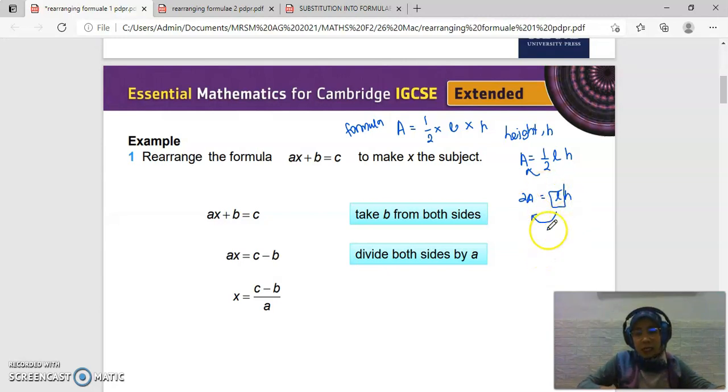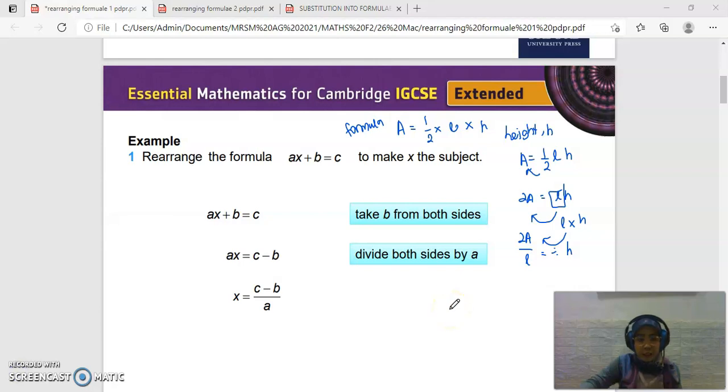L and H is actually a multiplication, L times H. So when you bring it to the other side, L will be division. So it will be 2A over L, and that is equal to H. So you rearrange this formula and make H the subject.